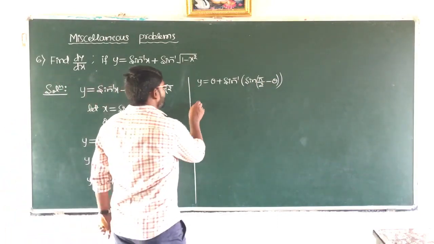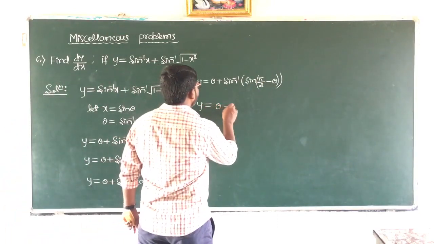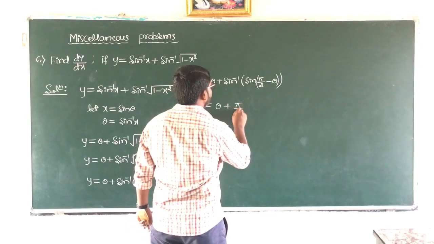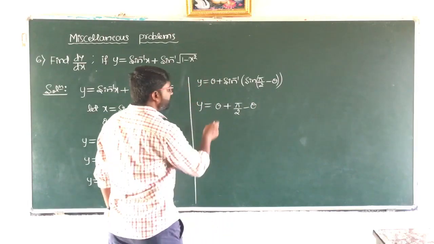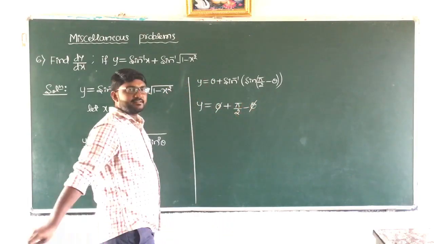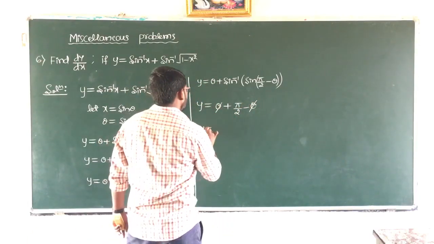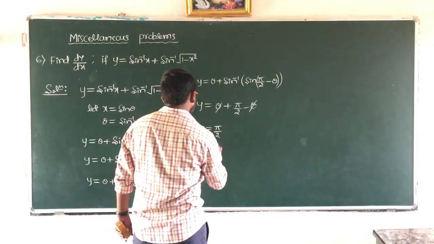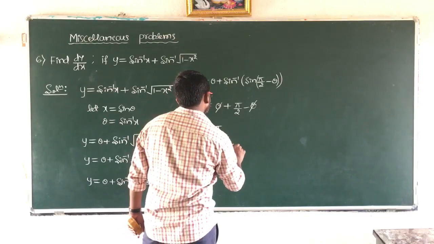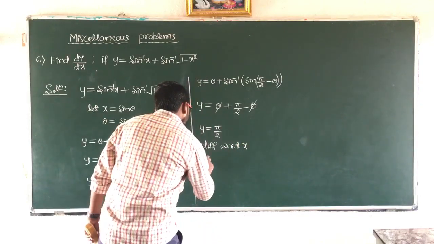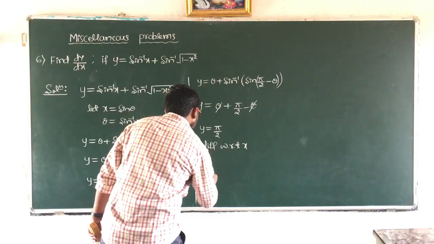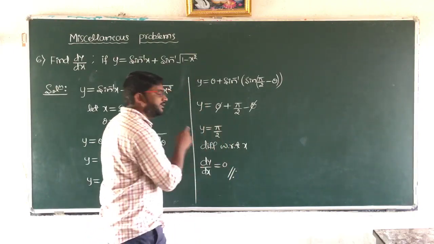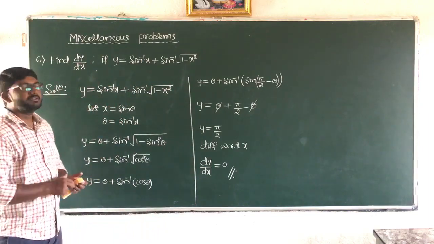So now y is equal to theta plus sine inverse sine x, which will be x now. So here x is pi by 2 minus theta. So theta minus theta get cancelled. We get only y is equal to pi by 2. Then differentiate with respect to x. We get dy by dx is equal to 0. Derivative of a constant will be 0. So this is all about the sixth problem.